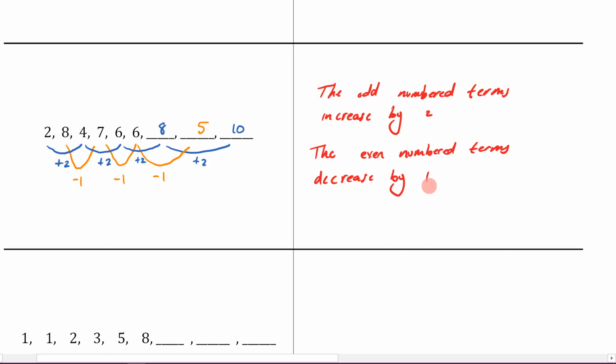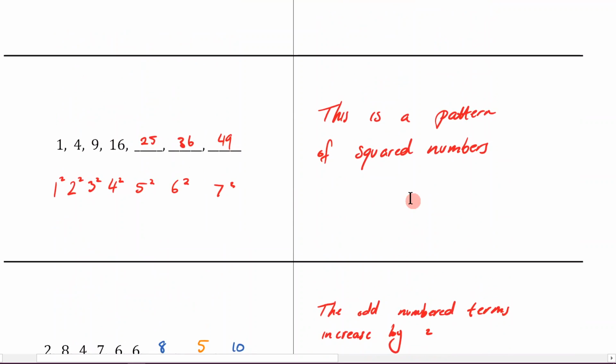So my odd numbered terms increase by 2 and the even numbered terms decrease by 1. Perfect. All right, my handwriting is atrocious.